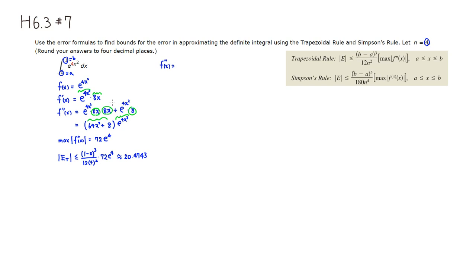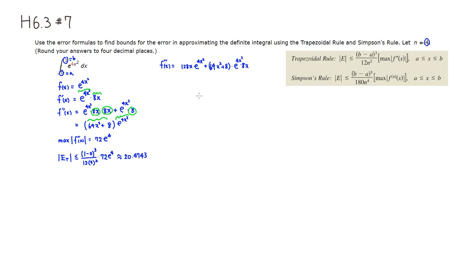The derivative of the first guy is going to be 128x, times the second guy, e to the 4x squared, plus the first guy, 64x squared plus 8, times the derivative of that, e to the 4x squared times 8x.